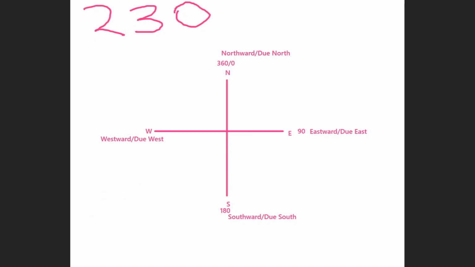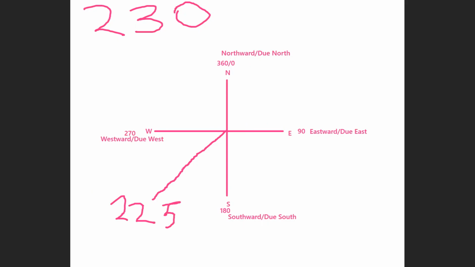So 270 plus 180 divided by 2 is 225. That will give us half of it. So half of the two is 225. Their midpoint is 225.